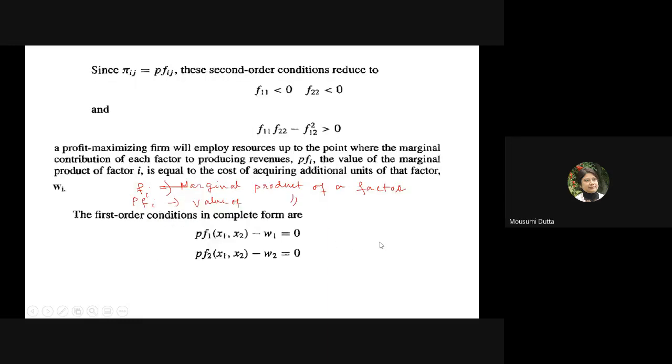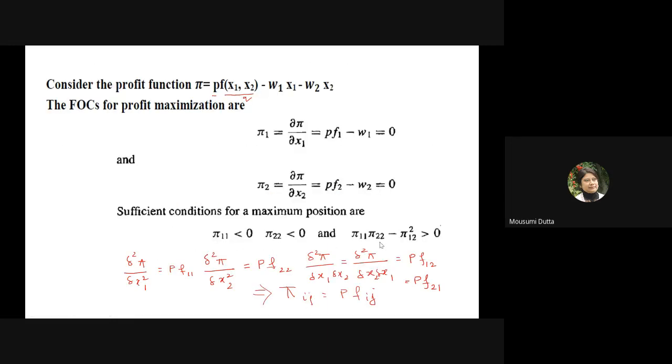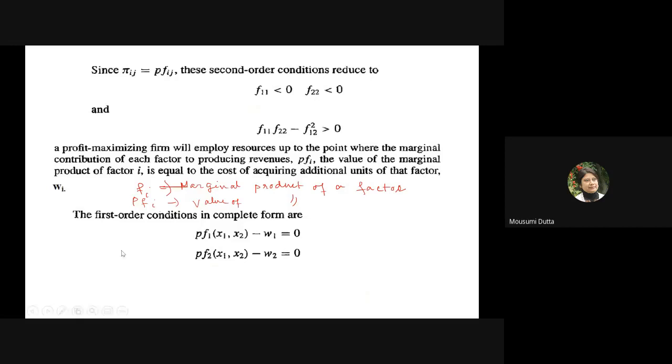So what am I doing step by step? This was the first step, taking the first order conditions. In F1 and F2, x1 and x2 are implicit. In the next step, we are bringing the implicit values here.